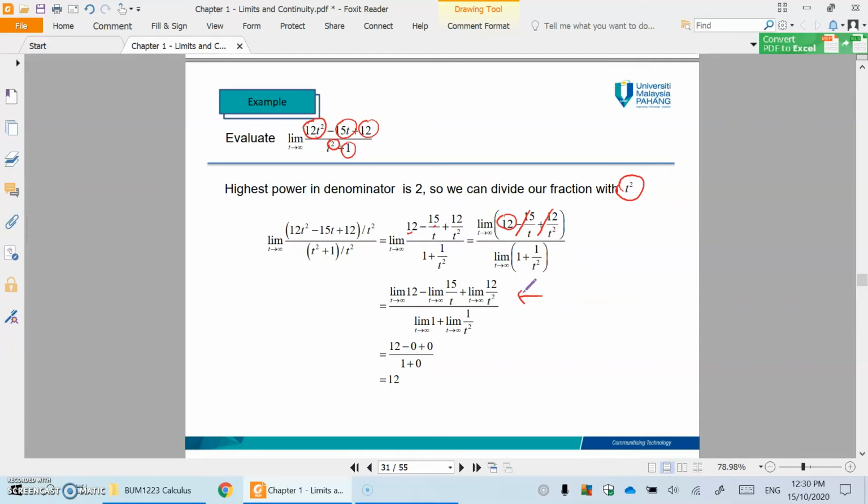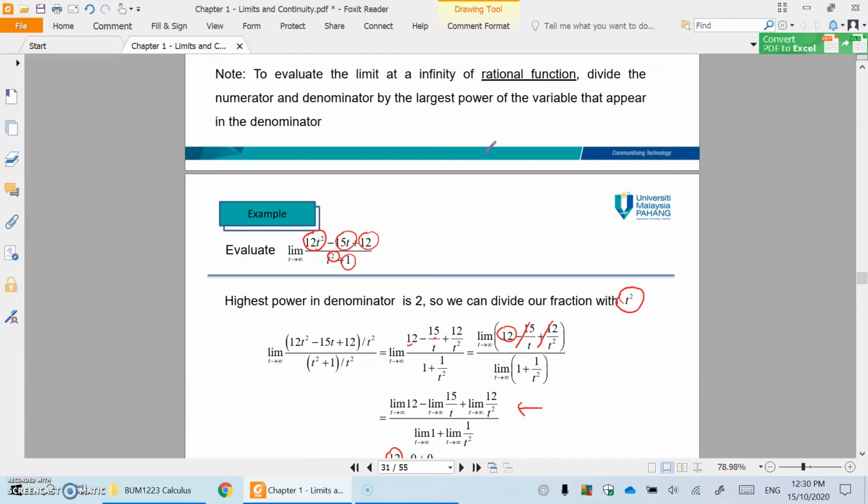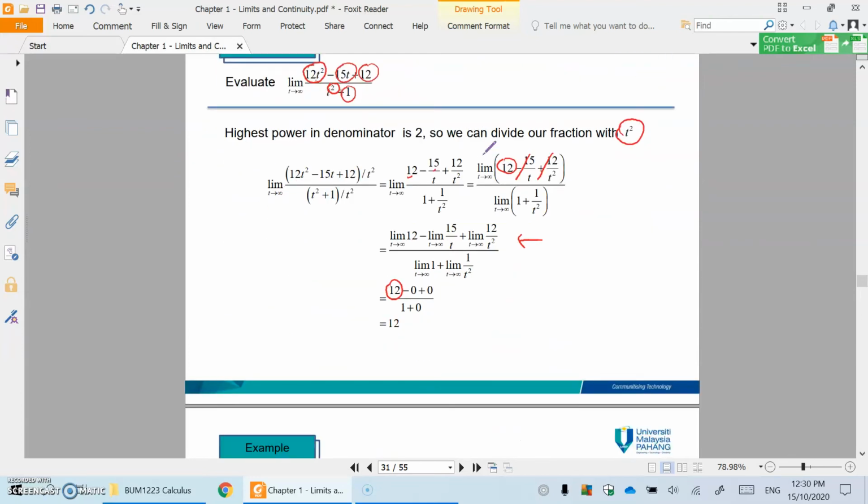Evaluate the limit: the limit of the constant 12 gives 12. The limit of 15 over t, following this formula, will be equal to 0, because 15 over a very huge number, infinity, is approaching 0.